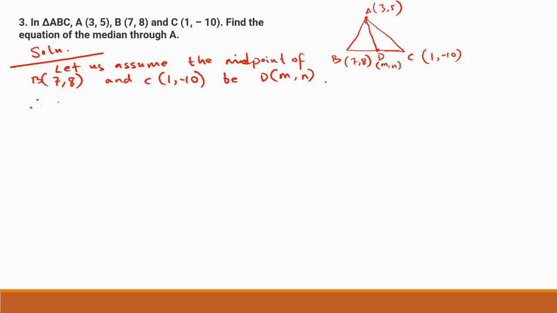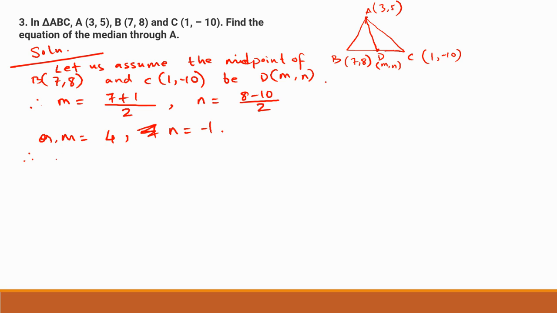Therefore M will be equal to (7 plus 1) by 2, and N will be equal to (8 minus 10) by 2. So M will be equal to 8 by 2, which is 4, and N will be equal to minus 1.